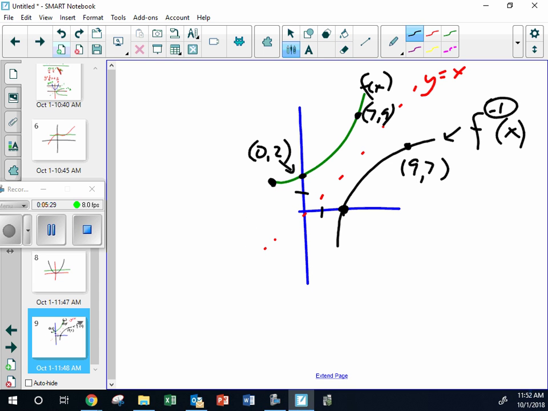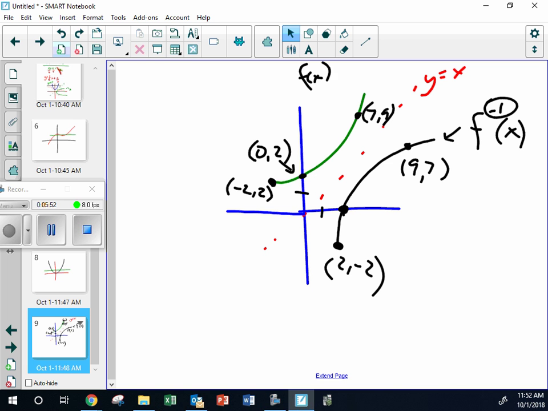That's important because I was like, wait a minute, my mind is blowing, because if I have to reverse it and it's the same thing, that's not making sense to me. So what's that point got to be? 2, -2. Does that make sense to you? All right. And let's name the very last point on this green function here. This spot. Let's say it's 8, 10 or something like that.